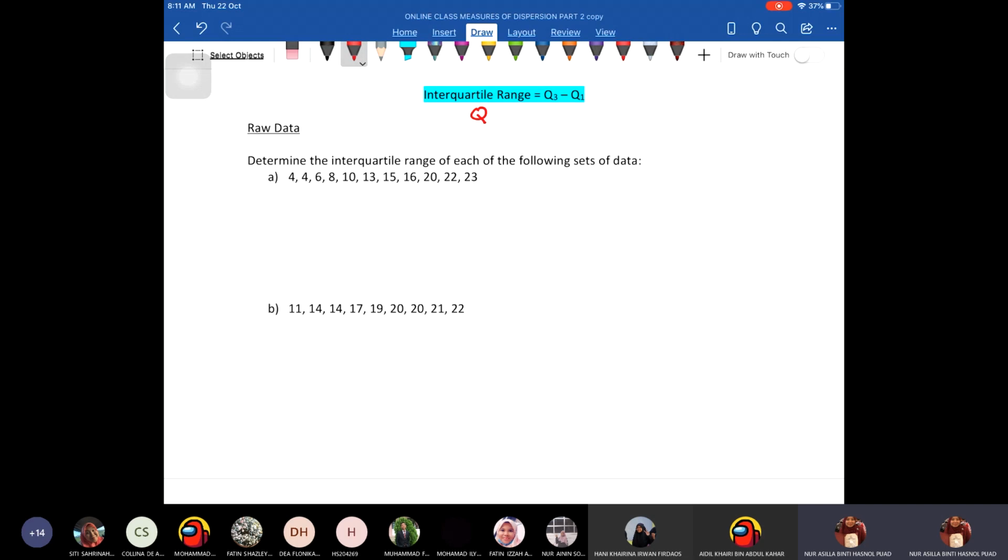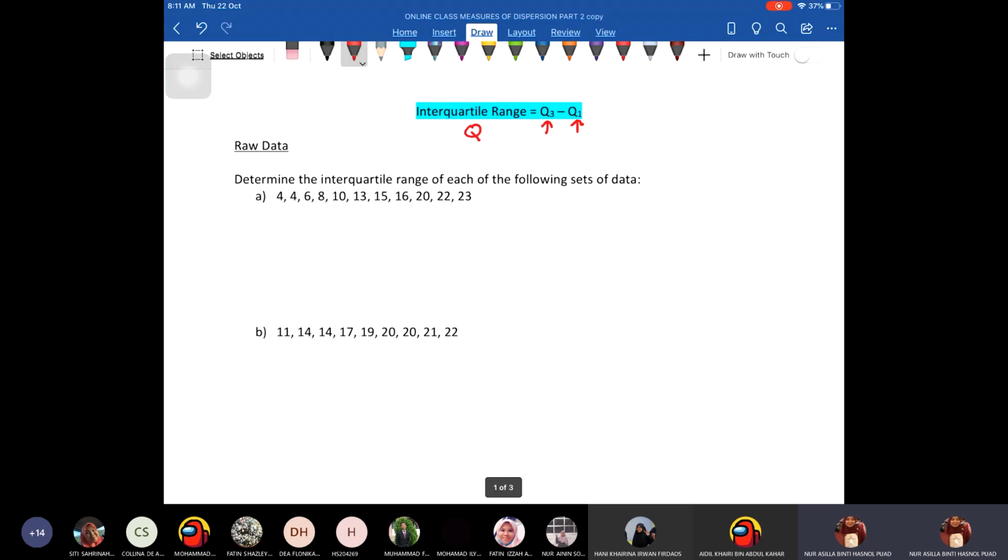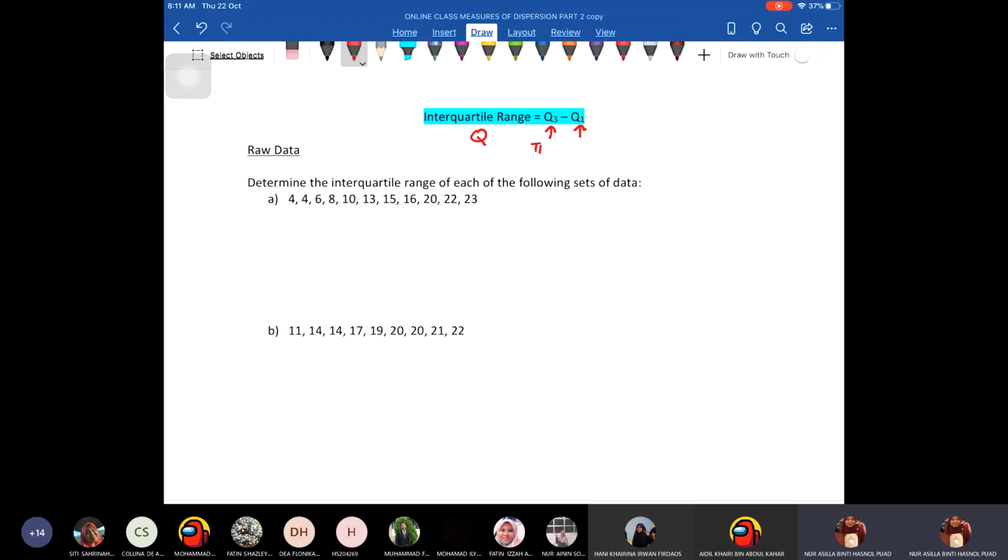Kalau kamu tengok sebelah kanan ni Q3 and Q1. Okay, interquartile range, Q3 means the third quartile. And then Q1 is the first quartile.